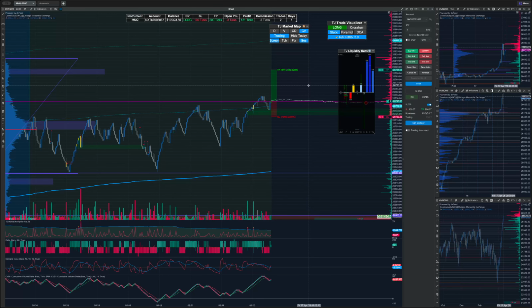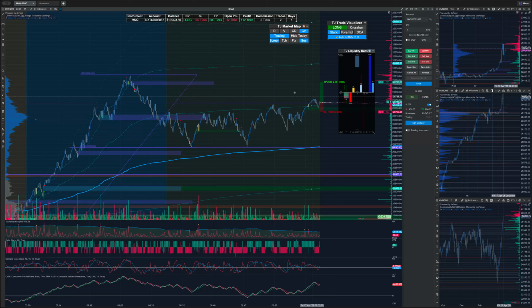If I want to find the targets for my trade, that could be either right here or, yep, right here. So I'll leave the 200 ticks and let's see if the long direction of the market is still valid.